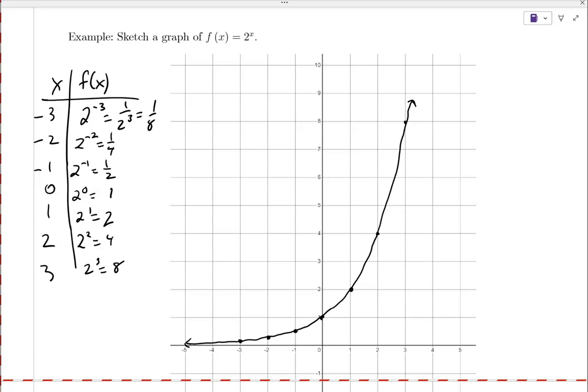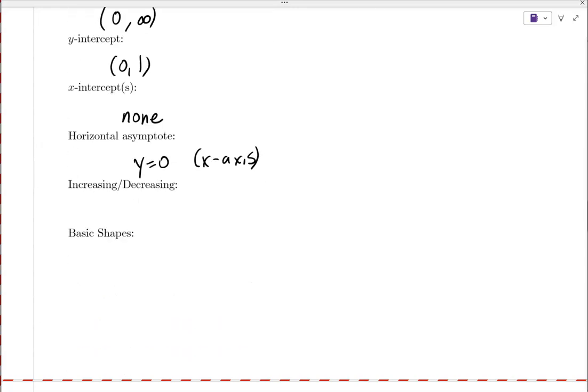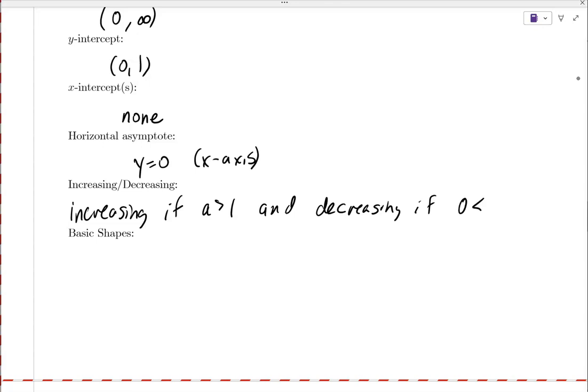So as far as the function goes, it's increasing if a is bigger than 1, and it's decreasing if a is between 0 and 1.